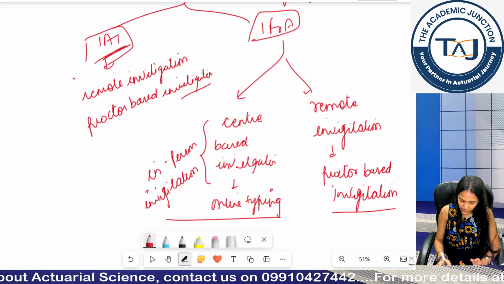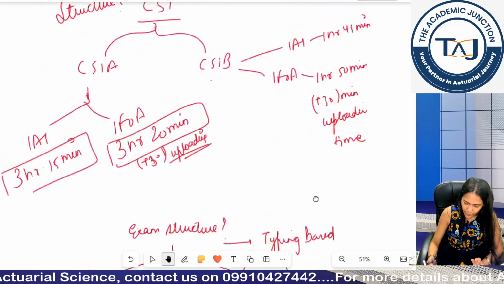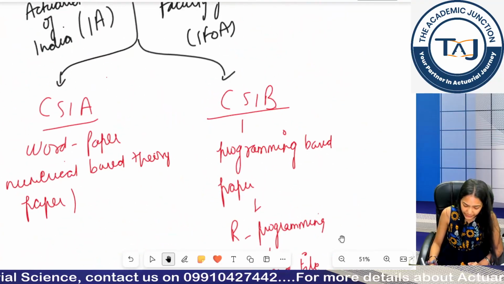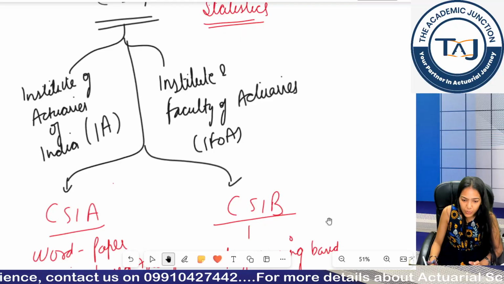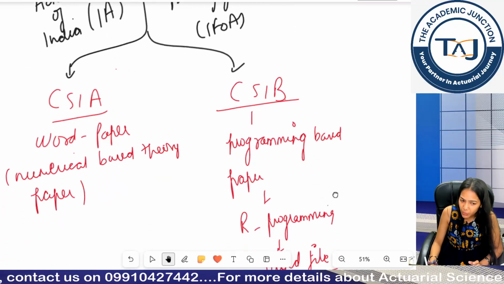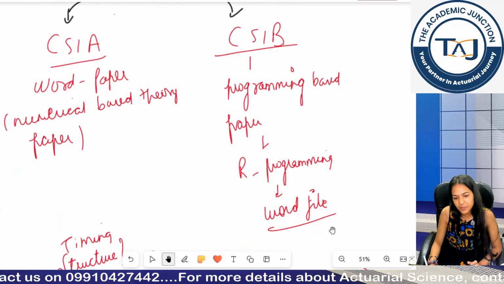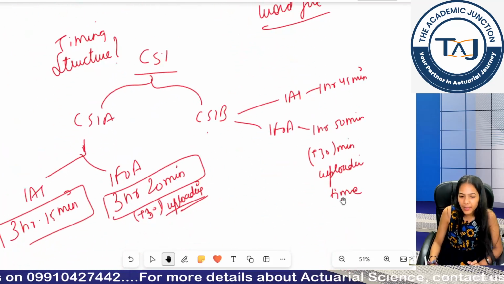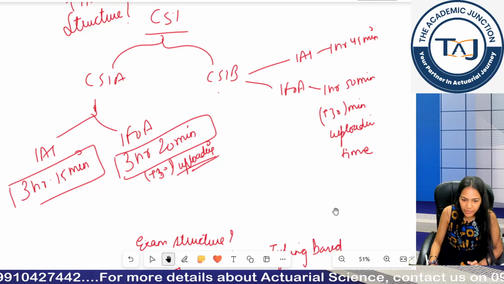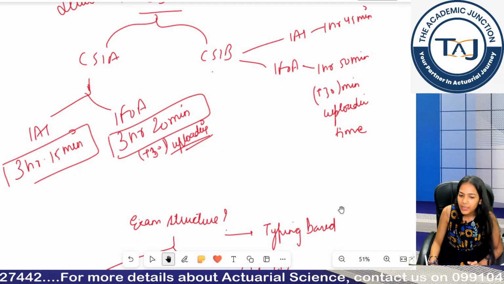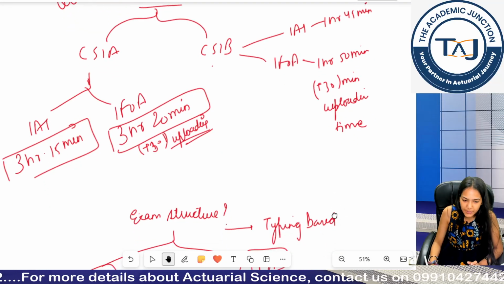Cool. So, this is what exactly CS1 looks like. We can give it from either of two institutes. It consists of two papers, a theory paper and a programming based paper. Paper A is basically a 3 hour 15 or 20 minute paper, and paper B is basically a 1 hour 45 to 50 minute paper.